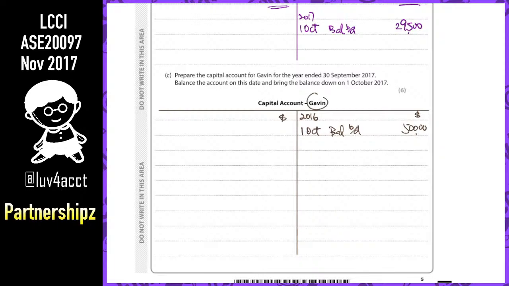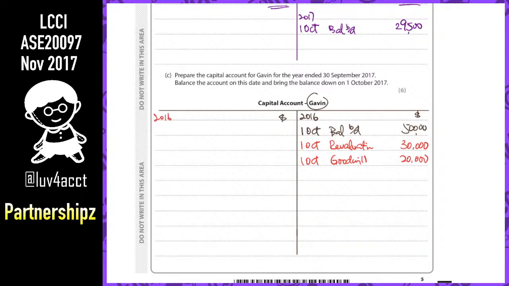This time it is for Gavin. On the same date, we have the revaluation gain, which gives 30,000 profit, and also the goodwill adjustment, the creation of goodwill 20,000.